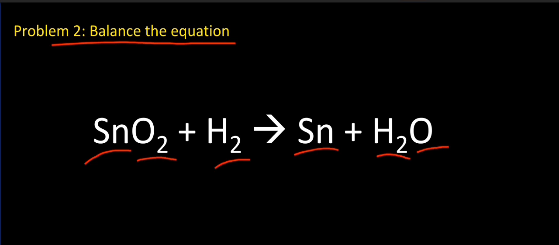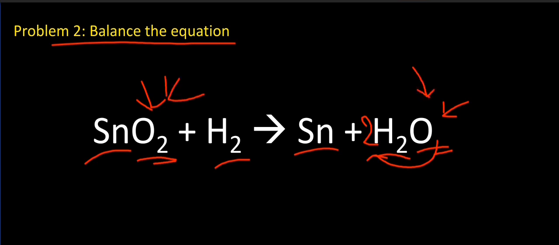If you look carefully, the number of oxygen atoms here is twice that here. So we can easily solve this. As there are 2 oxygen atoms here, we can make 2 oxygen atoms here by putting a 2. That means 1 times 2 oxygen atoms here. That means the number of oxygen atoms here and here are now the same, right?